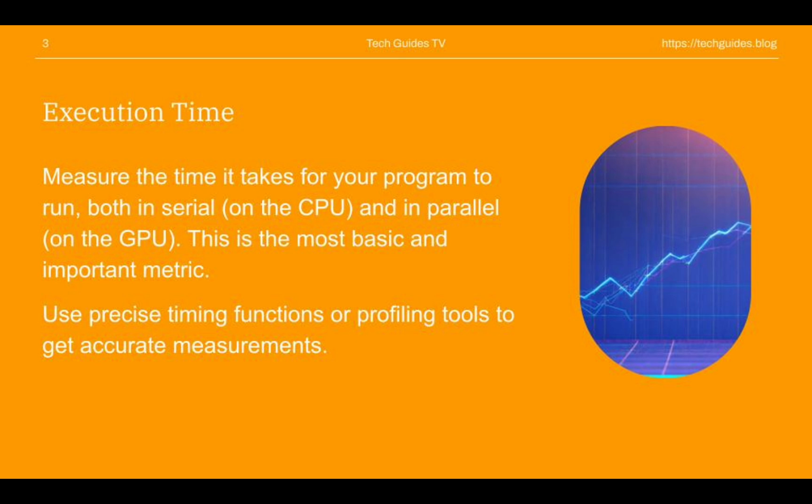The first concept we're going to talk about is execution time. We measure the time it takes for your program to run, both in serial on the CPU and in parallel on the GPU. This is the most basic and important metric: the time for a program to run start to finish, typically in milliseconds.